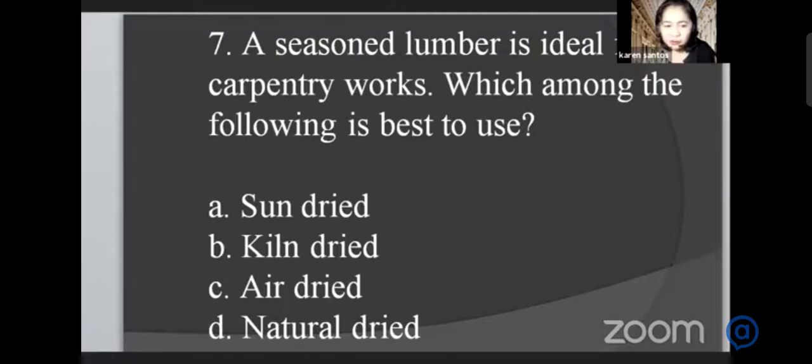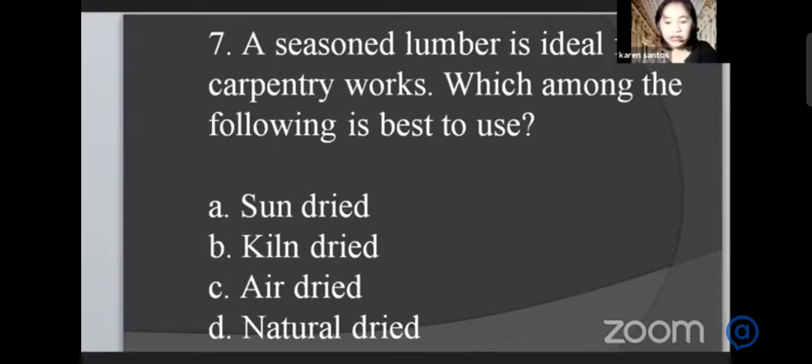So most of the answers are letter A. Okay, so the correct answer in number 7 is letter B. It is kiln-dried. So that is the wood that had been dried in an oven. So kiln, ito yung kiln from the word kiln, that means oven.